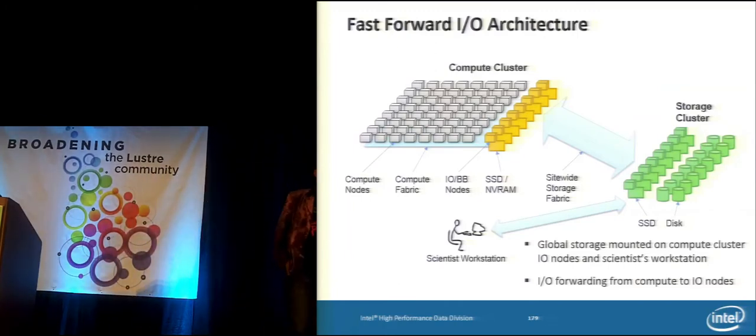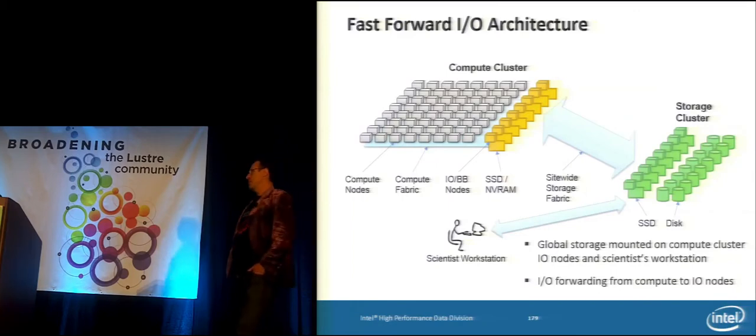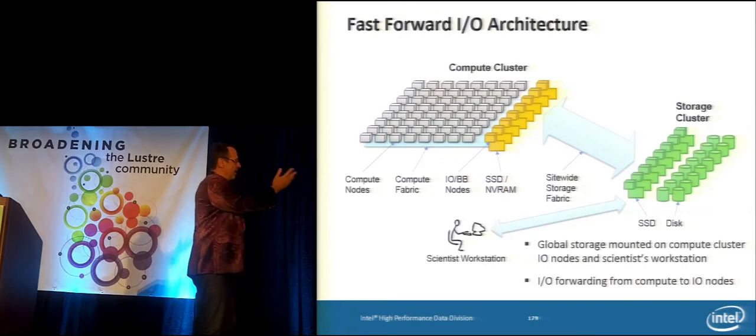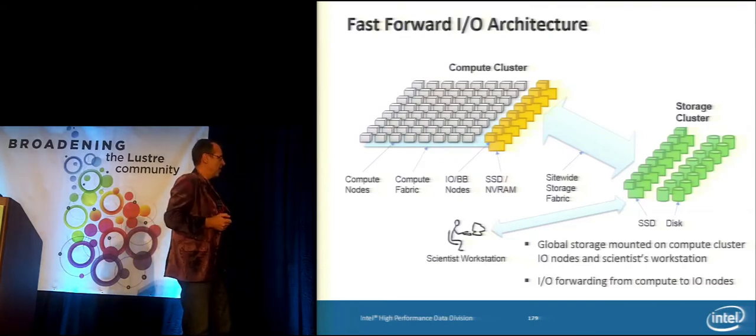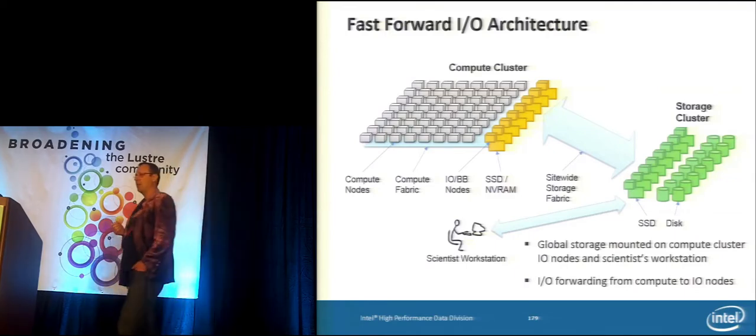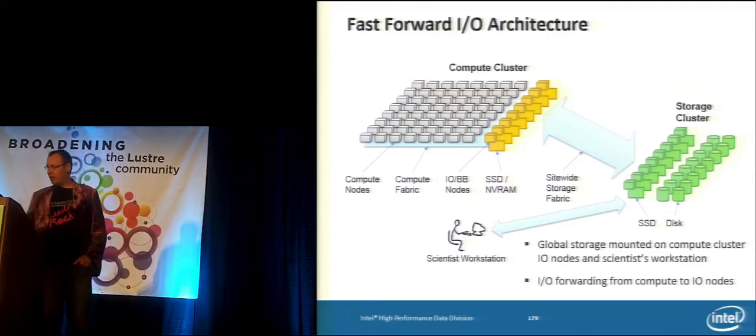Now, in what context are we going to be using this I/O system? Well, our original thoughts in the Fast Forward project were in this sort of workflow situation. We have a scientist sitting at his workstation. He's connected to a site-wide storage cluster where the majority of his data is going to be.